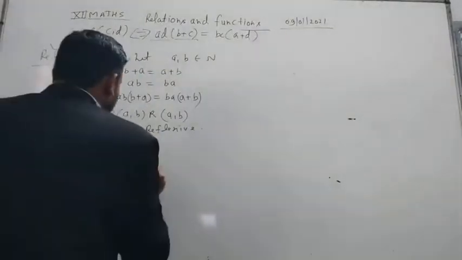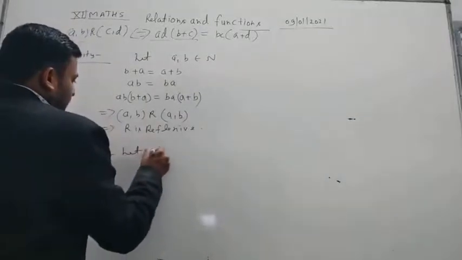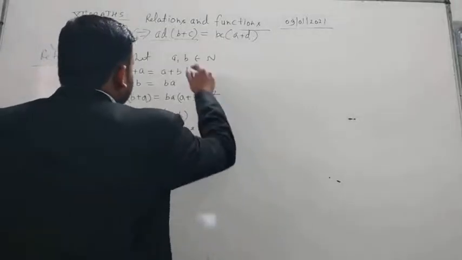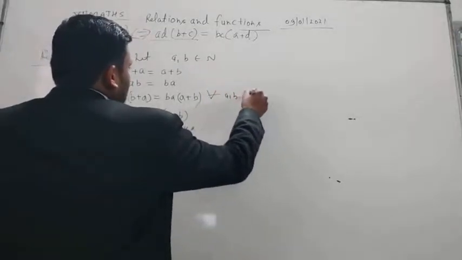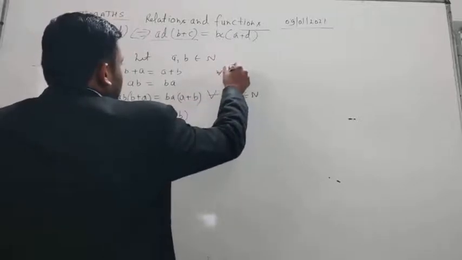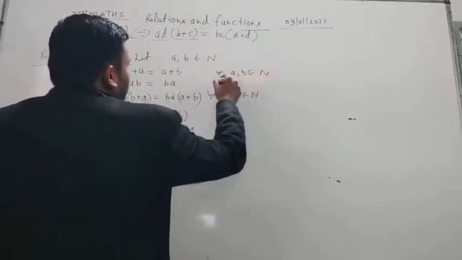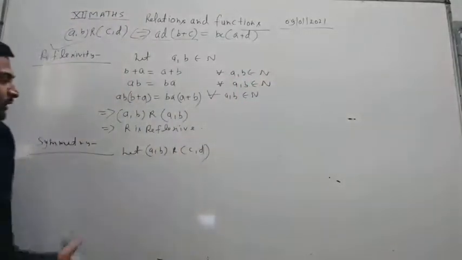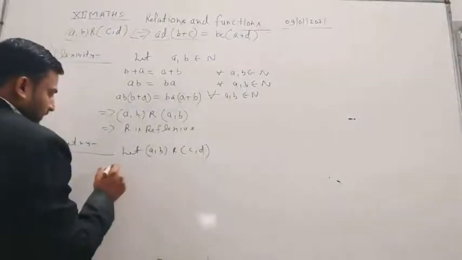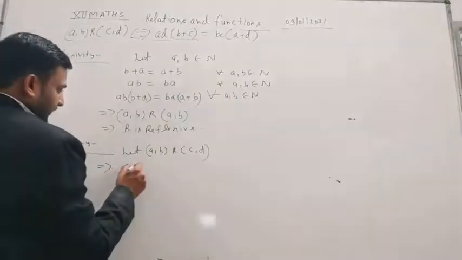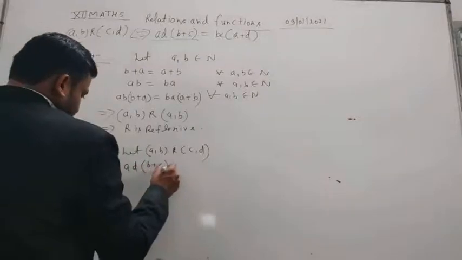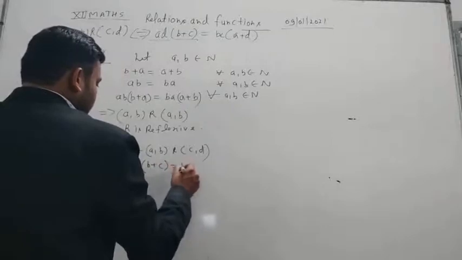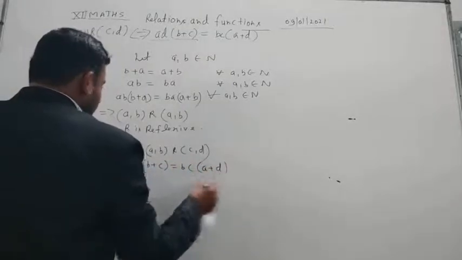Now we are seeing symmetry. For symmetry, let (A, B) be related to (C, D), where (A, B) and (C, D) belong to N. So we can write AD(B + C) = BC(A + D).